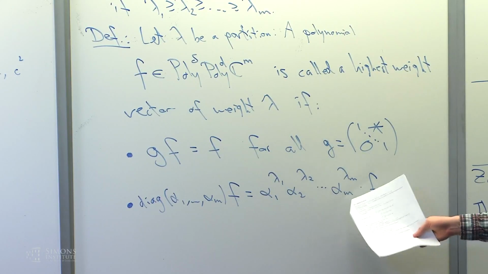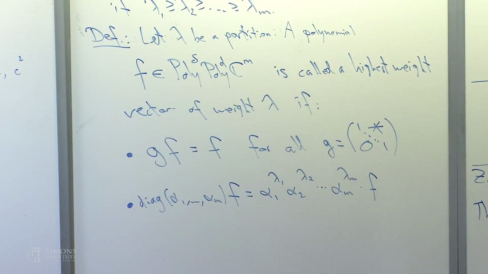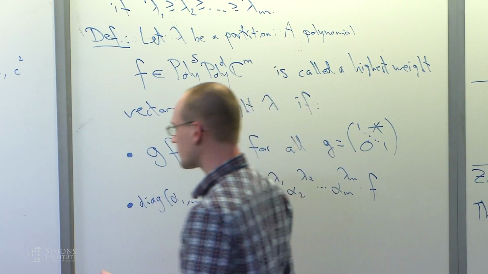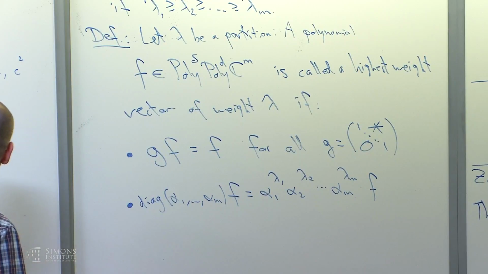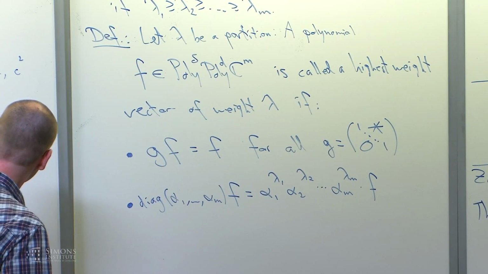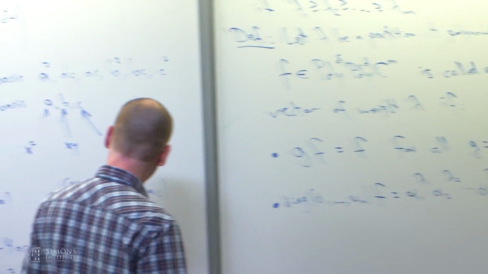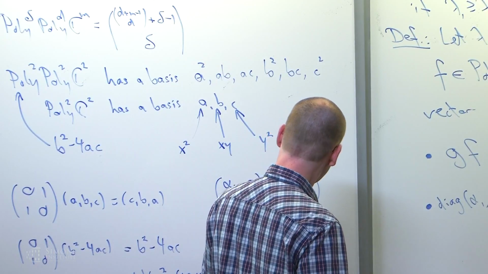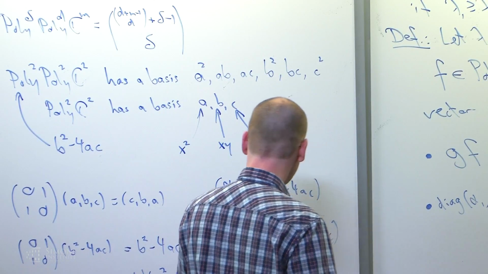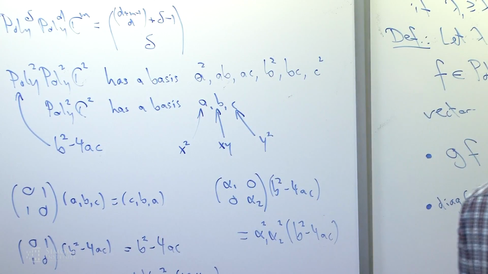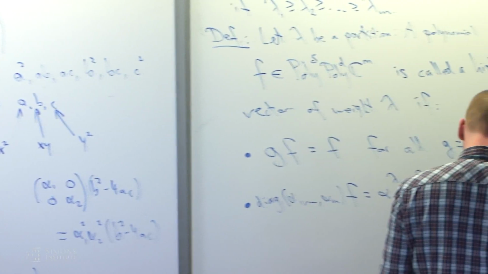So if you do alpha 1, alpha 2 on b squared minus 4ac, then this will give you alpha 1 squared, alpha 2 squared times b squared minus 4ac. So this is the highest weight vector of weight 2, 2. Okay, so why did I define this? Okay, so this is the highest weight vector because of the following.